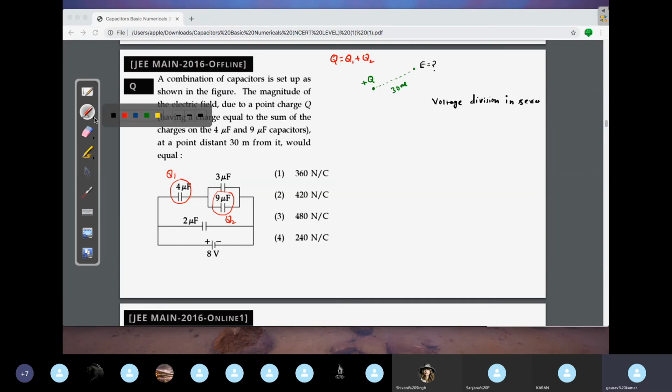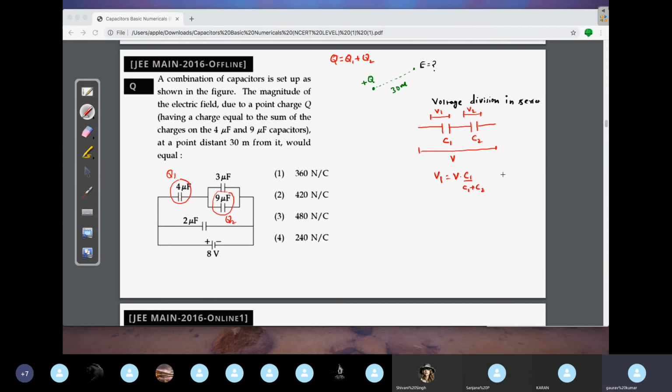How do you get this? See, let's say I have two capacitors connected in series like this, and I have supplied a voltage V. So here you get some voltage V1 and here you get some voltage V2. How do you get V1? V1 is always given as V multiplied by C2 divided by C1 plus C2.